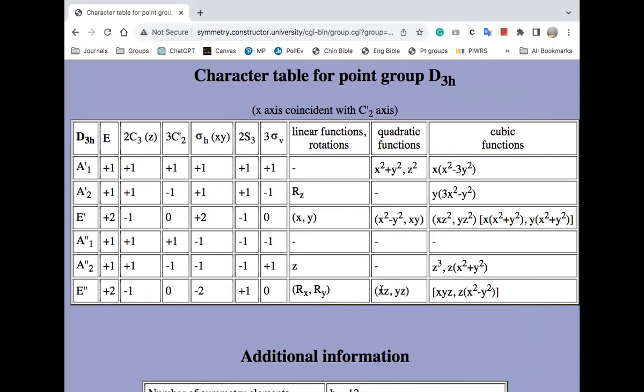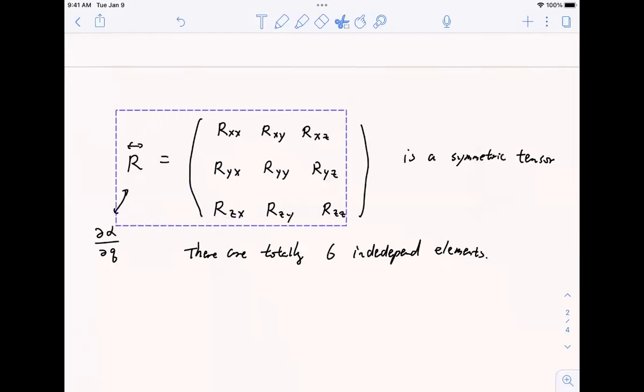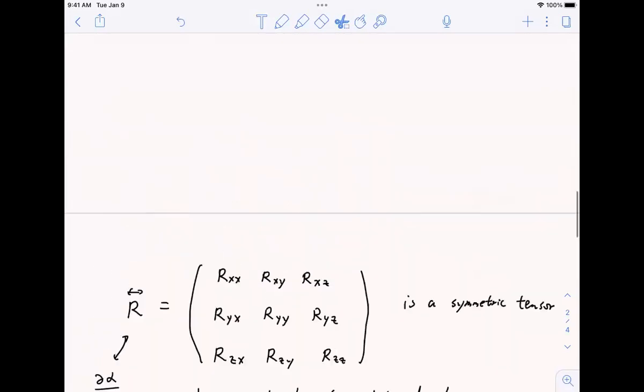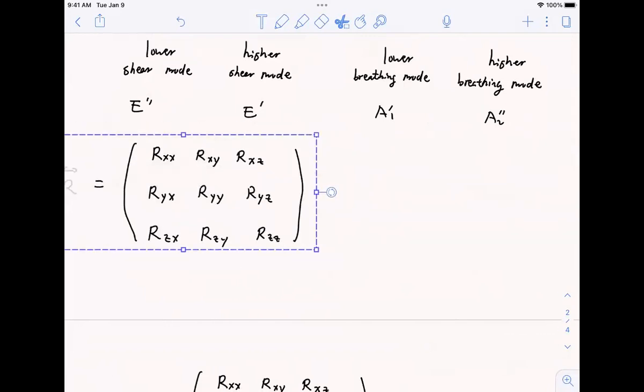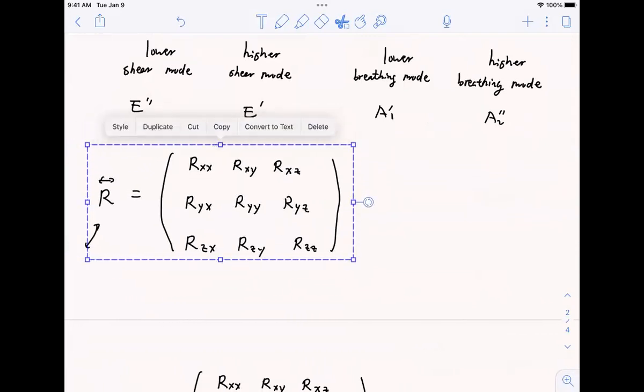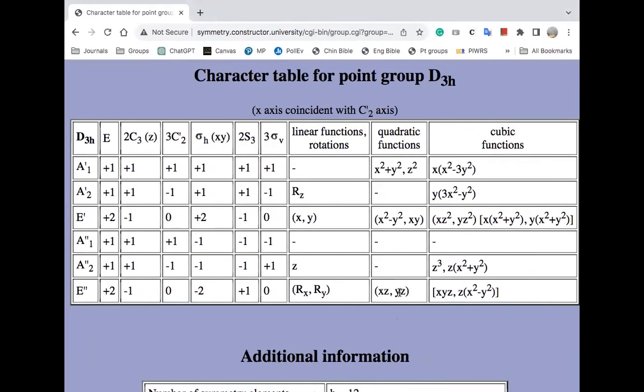So you go back and pick it up here: the R for E double prime is only XZ and YZ.